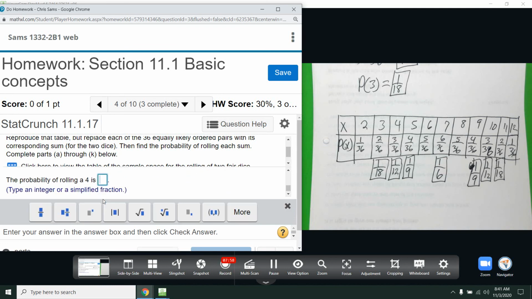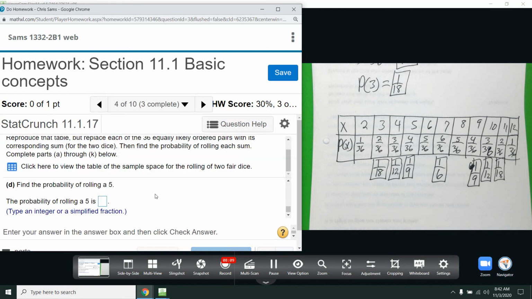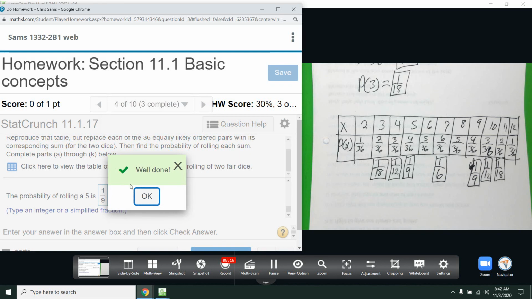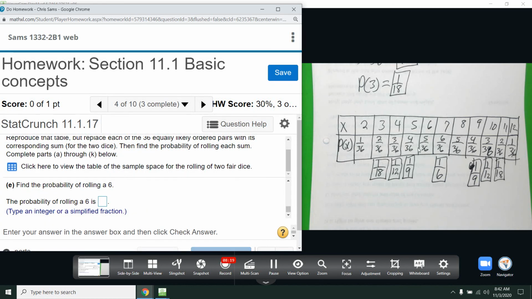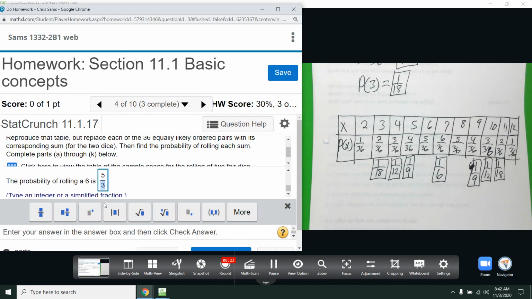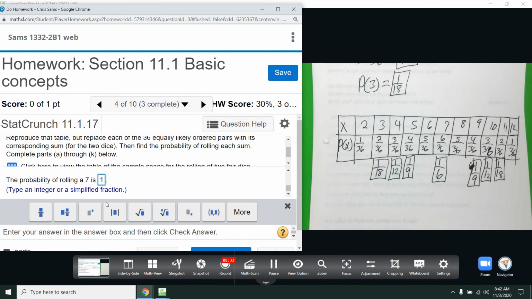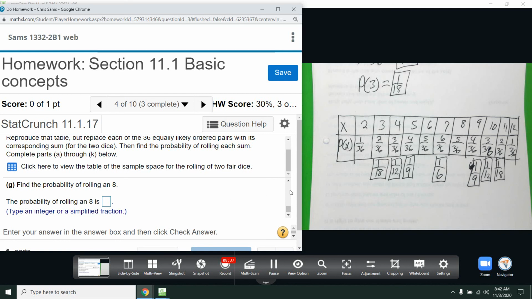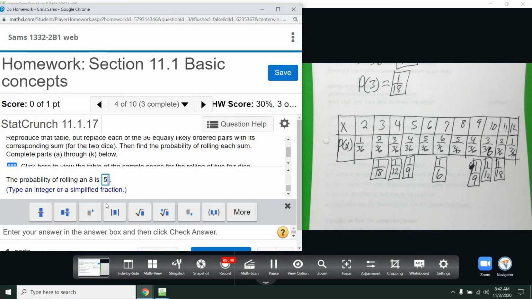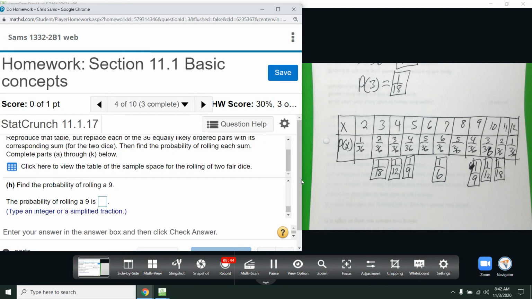Probability of 4 is 3 out of 36, or 1/12. 5 is 4 out of 36, or 1/9. 6 is 5 out of 36, which will not reduce. 7 is 6 out of 36, or 1/6. 8 is 5 out of 36. 9 is 4 out of 36, or 1/9.